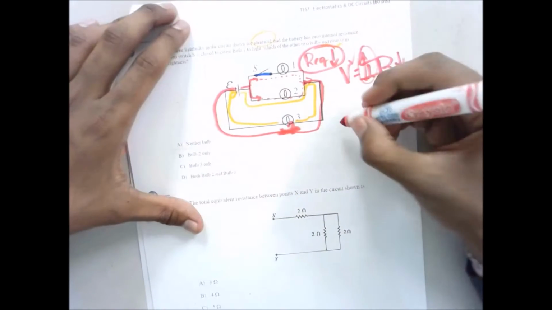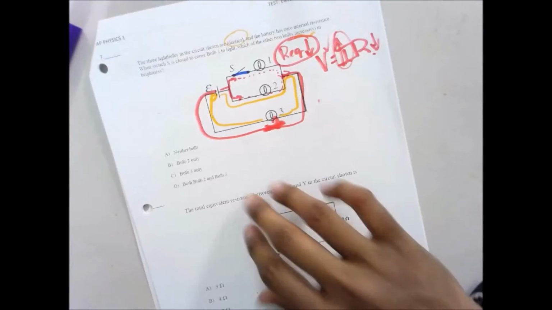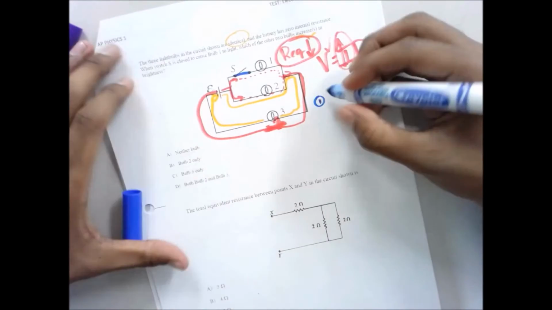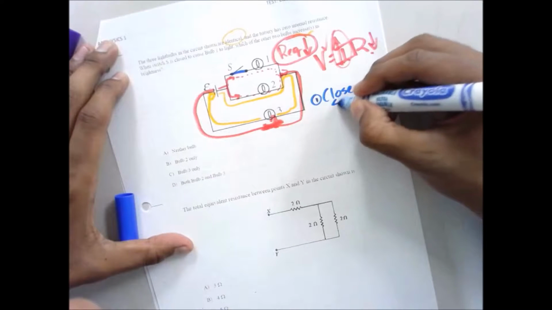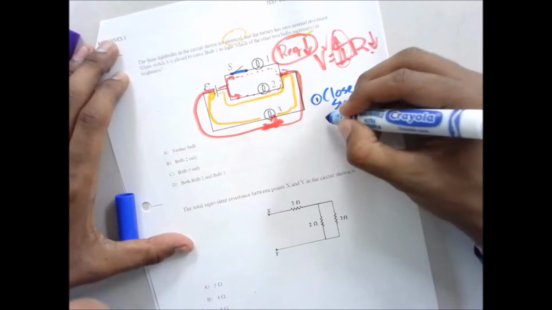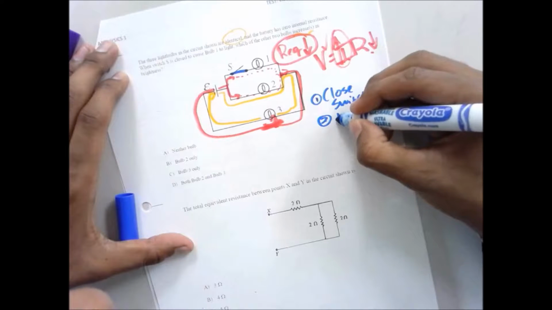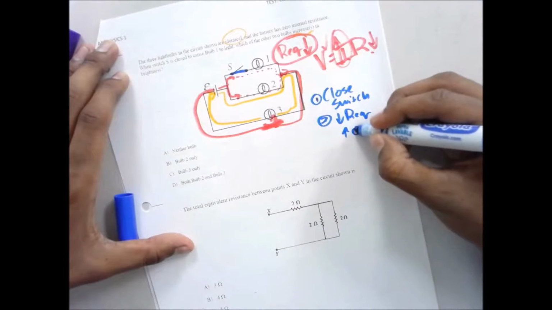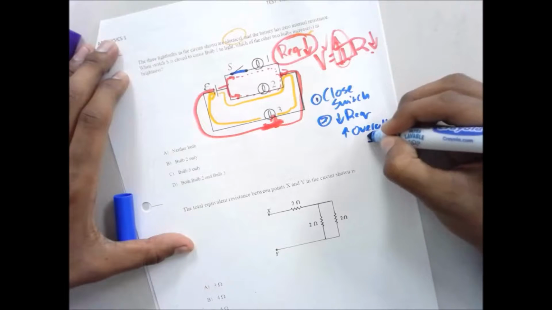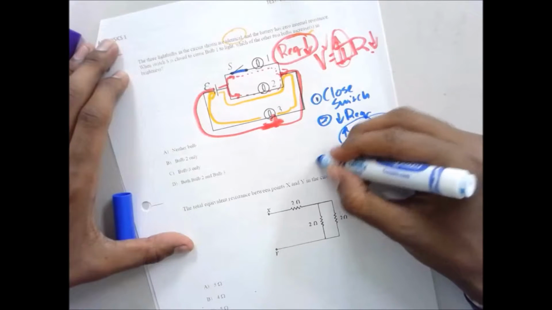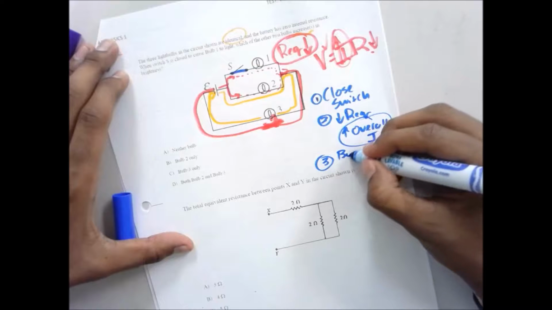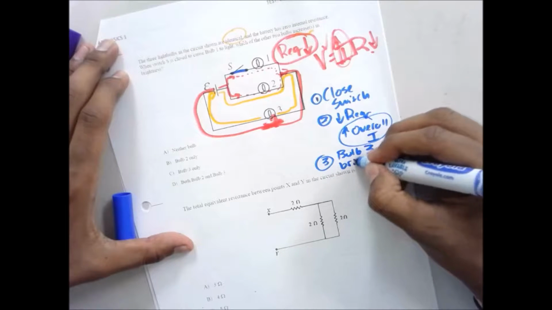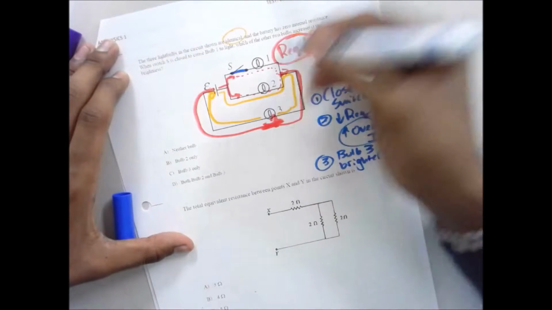So here's what happens. If you close the switch, you decrease equivalent resistance and you increase overall current, right? And so bulb 3 is brighter for sure because it's experiencing more current now.